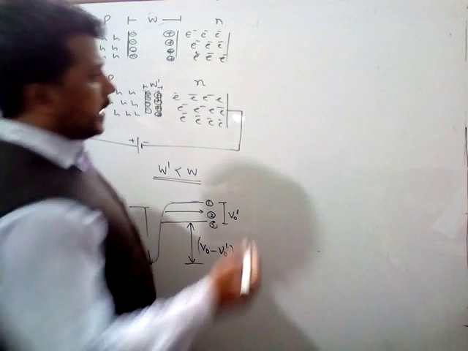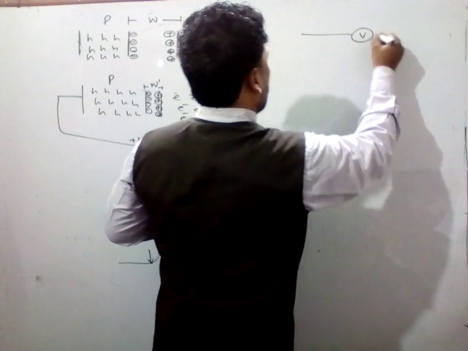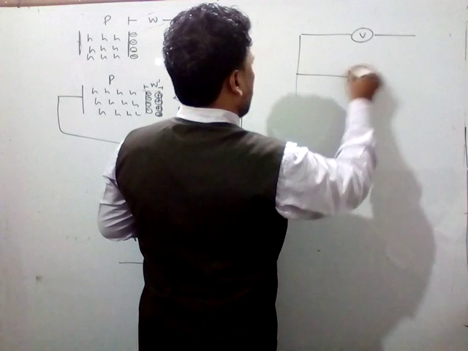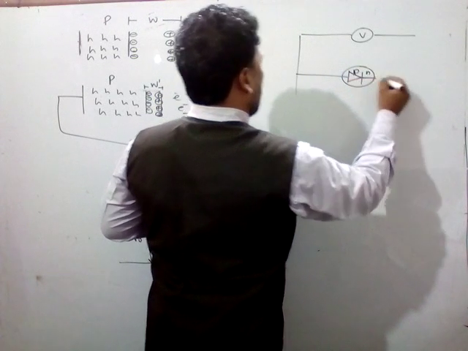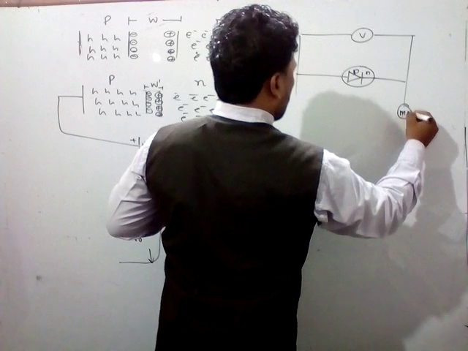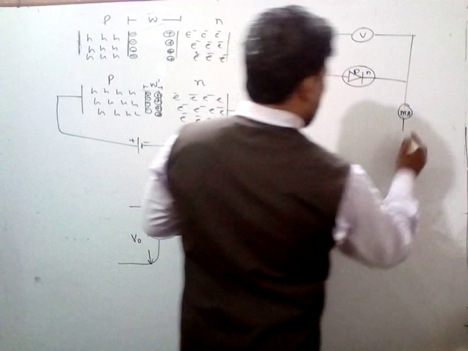So how? This will be the circuit diagram. This is a voltmeter and this is a PN junction diode here, and this is a milliampere meter. Current flows here in the milliampere order. This is a switch.